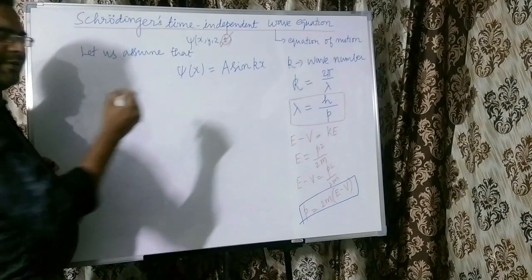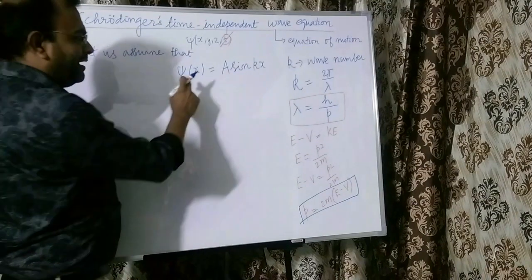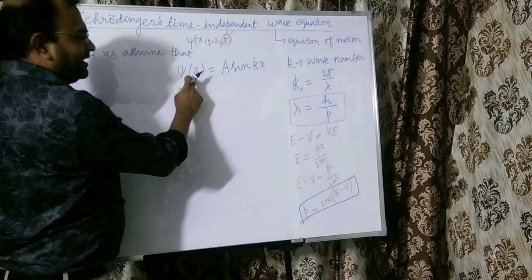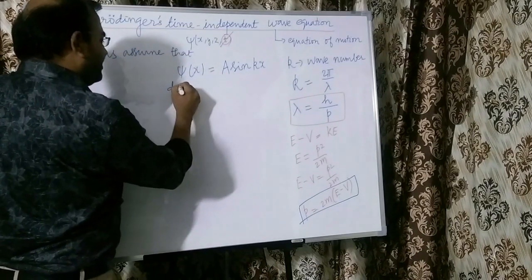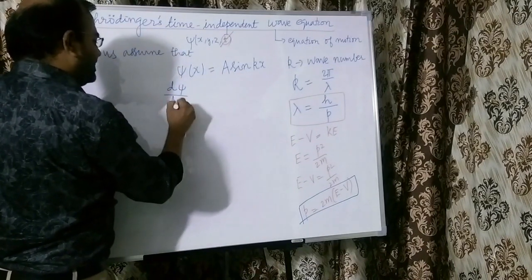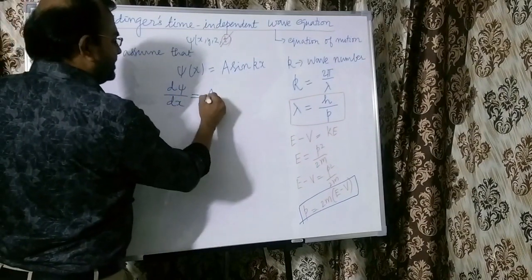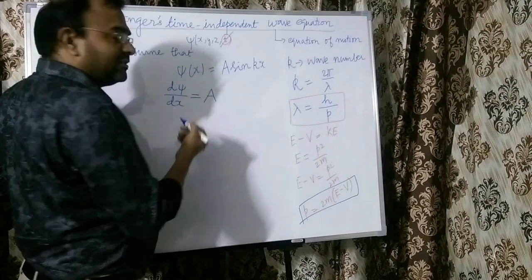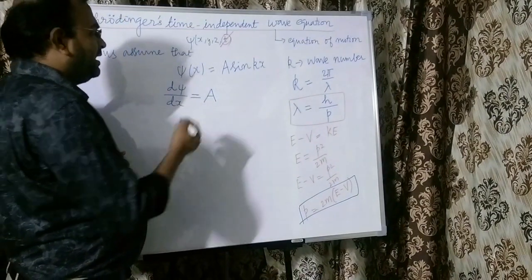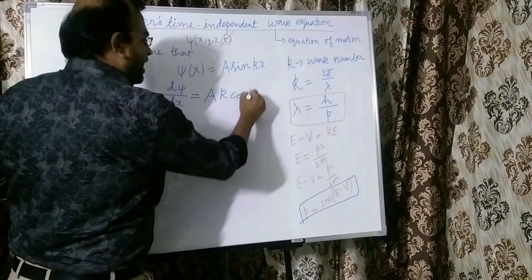The first derivative, for the time being, psi of x is a function of one spatial coordinate. I am taking just the general derivative, so d psi by dx is equal to A, which is still an unknown arbitrary constant of the equation, and derivative of sine kx is k cos kx.